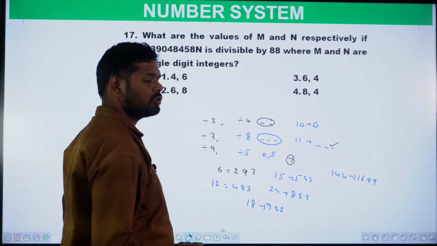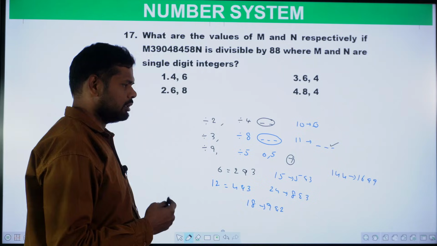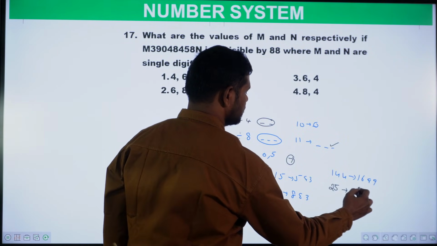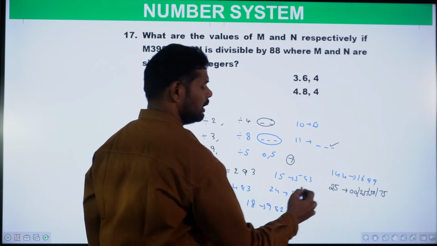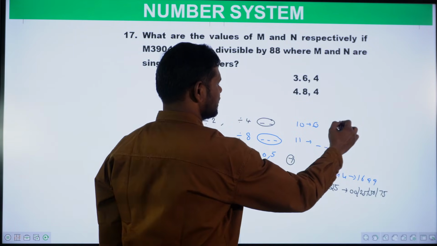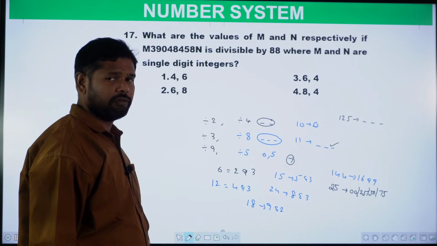For 16, check the last 4 digits, as it is a power of 2. For 32, you need to check the last 5 digits. For 25, the last 2 digits are 00, 25, 50 or 75, then it is completely divisible by 25. 125 means the last 3 digits are multiples of 125.